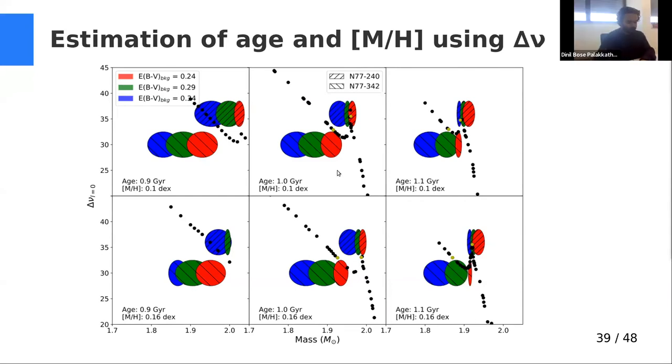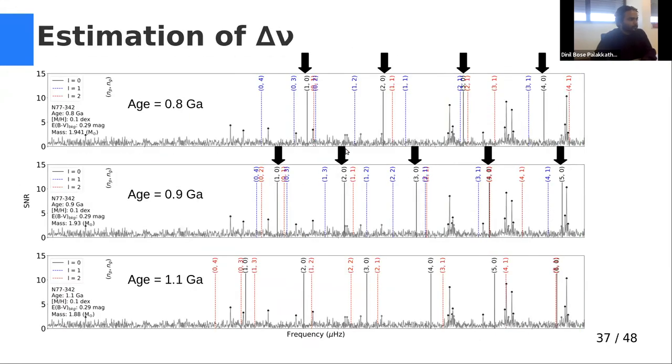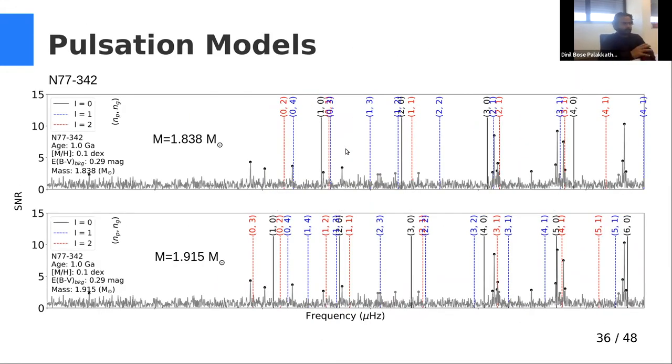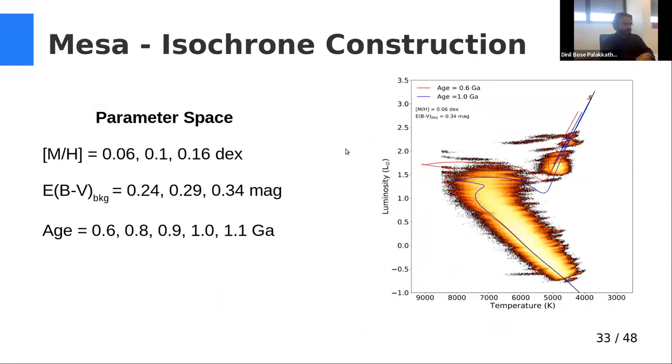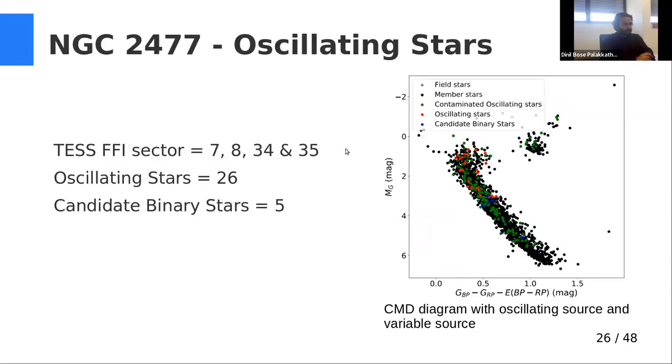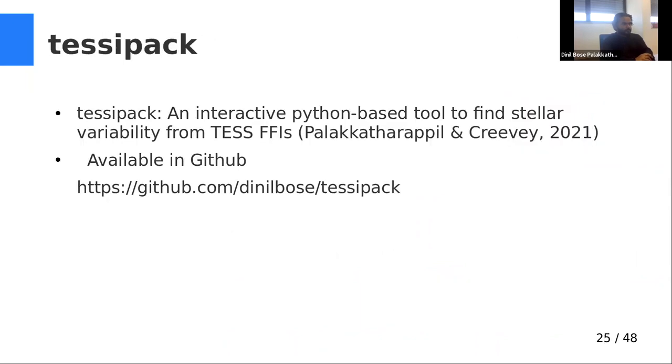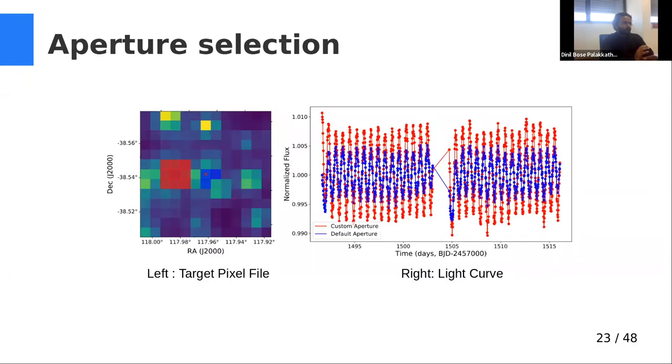Okay. This is the major problem when we look at clusters. First of all, towards the center of the cluster, there are a lot of stars nearby, so there is contamination from the nearby stars. If I see a contaminated star, I usually do not use it for my studies, because I already have 26 oscillating stars.